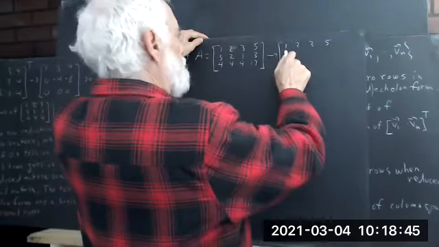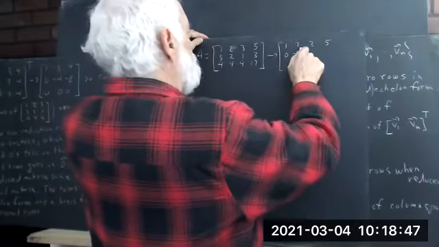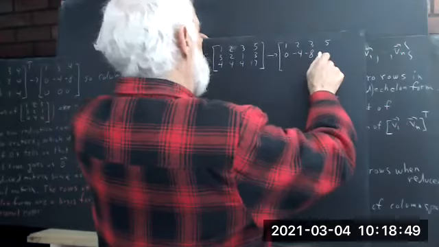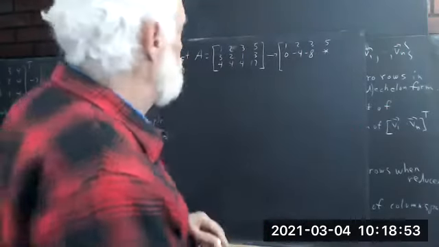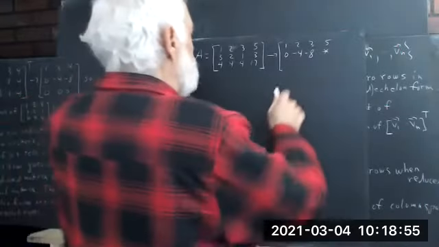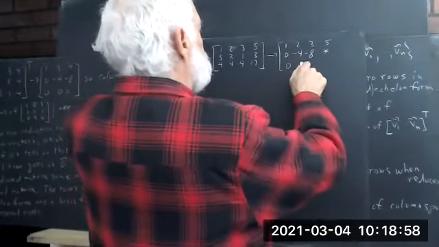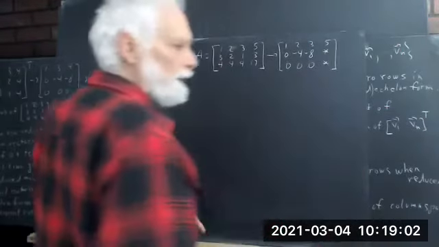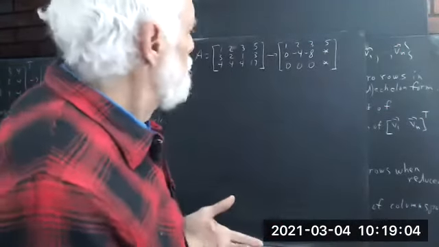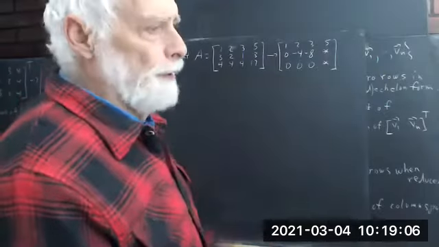Okay, and then 0, -4, -8, and some number here that we could easily calculate, and 0, 0, 0, and some other number here that we could easily calculate. Okay, so this reduces to this.